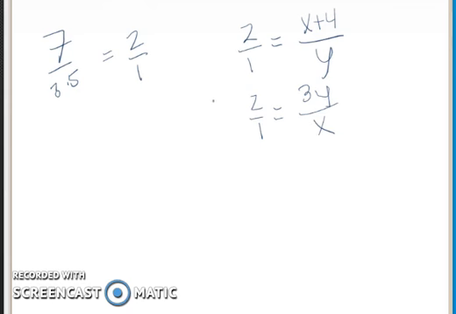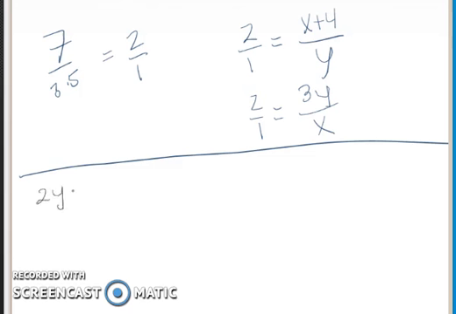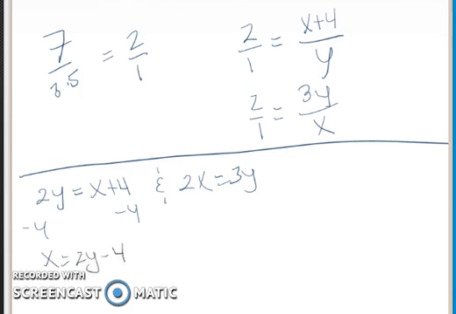Cross multiply here. When we do that, let's go ahead and give it a line. Cross multiply, we're going to get 2y equals x plus 4, and we're going to get 2x equals 3y. Over here, if I subtract the 4, I'm going to get x equals 2y minus 4. What I can do now is take this section here and plug it into the x.